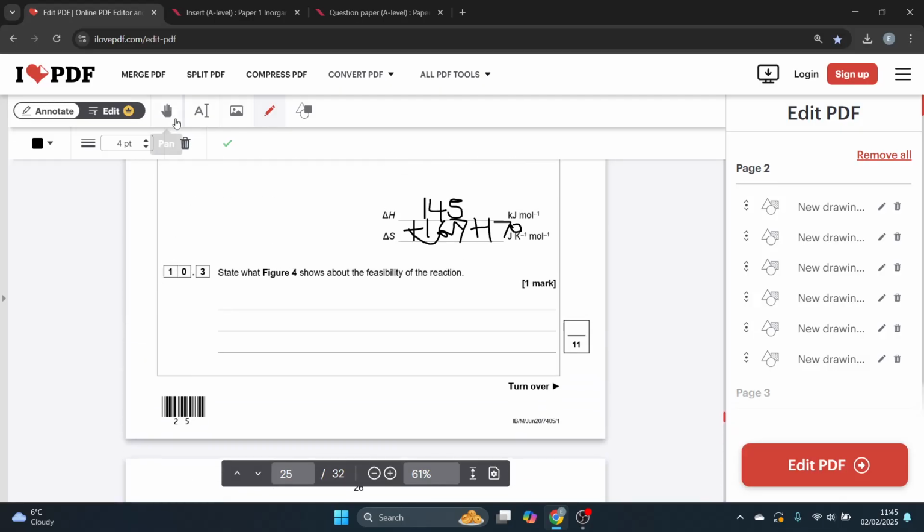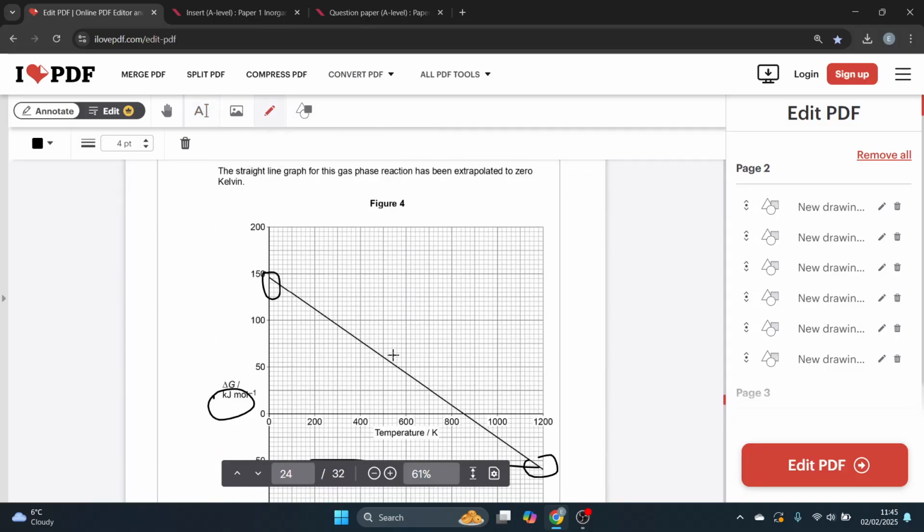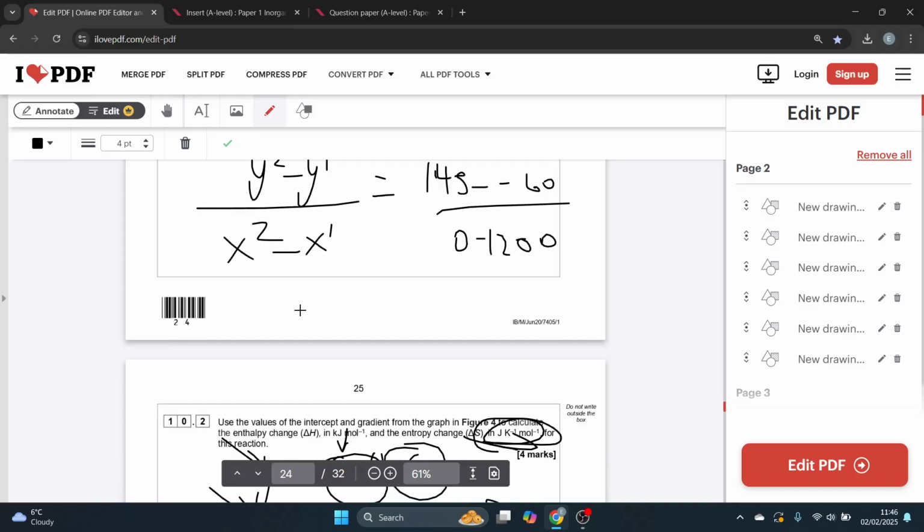State what figure 4 shows about the feasibility of the reaction. Figure 4, not my answer, figure 4. So figure 4 is here. The feasibility of the reaction depends on the Gibbs free energy change. It can only be feasible if delta G is less than 0. Now if I look at delta G here, it is feasible above this temperature.